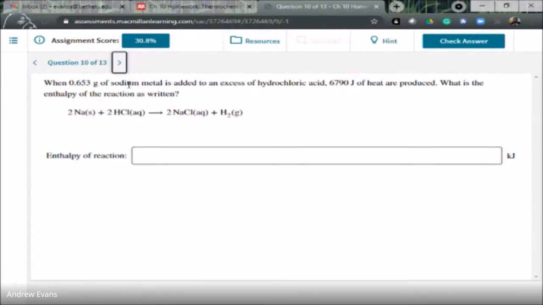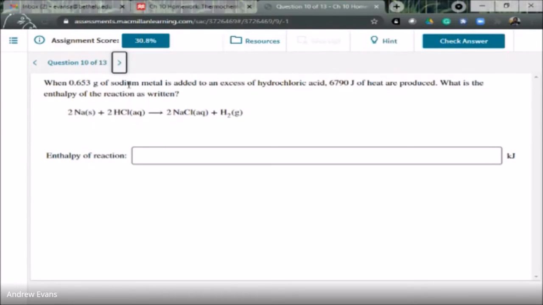What they want you to do here is just convert an extensive property to an intensive property. Not too hard, but it's kind of a little confusing what they're asking for.